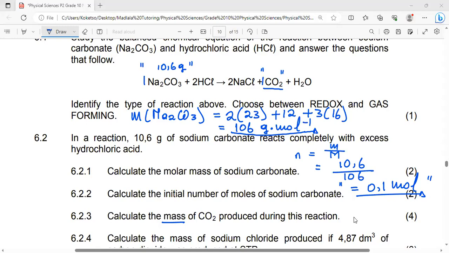So we need to calculate the mass of carbon dioxide gas that is produced, but we know that in order to calculate the mass, we need to have the number of moles. So what am I saying? I'm saying we are going to relate sodium carbonate to carbon dioxide. What is the ratio in which they combine?